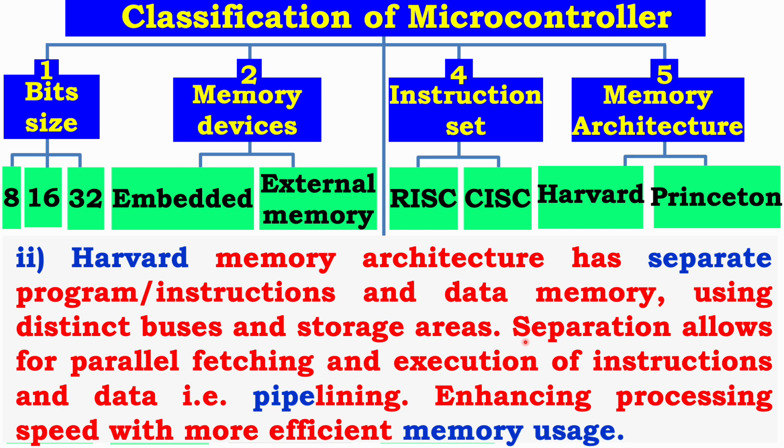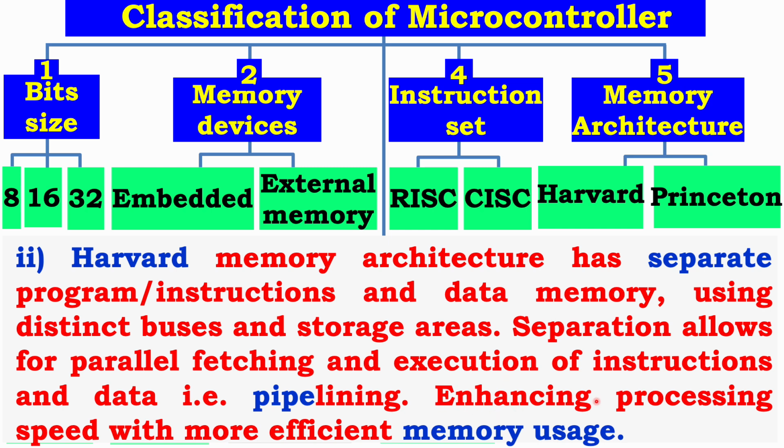There, the instructions are not fetched and executed sequentially. Here, with pipelining, while one instruction is being executed, the remaining instruction is ready for fetching, so parallel instruction fetching and execution is possible in the hardware architecture, because it has two different memories, one for program memory and the other for data memory.